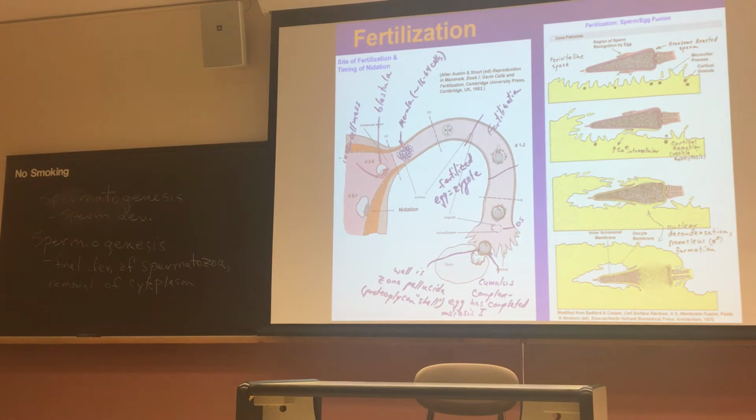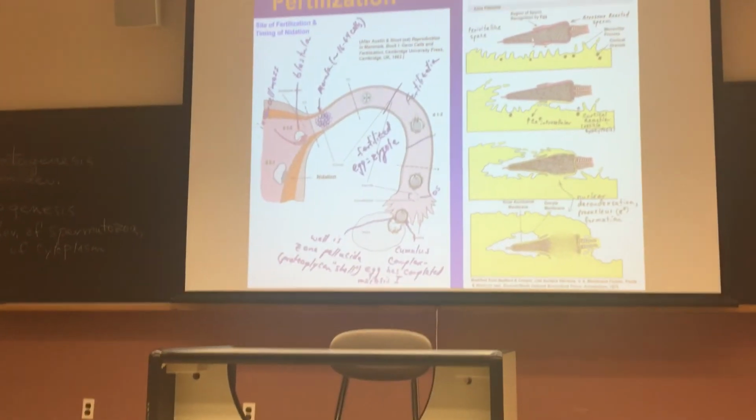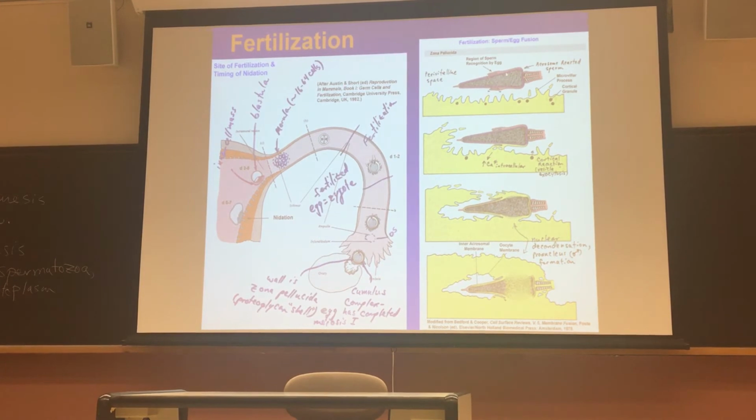So those enzymes are crucial to allowing sperm penetration into what's called the perivitelline space, and allows these recognition sites to bind to receptor sites on the surface of the egg.